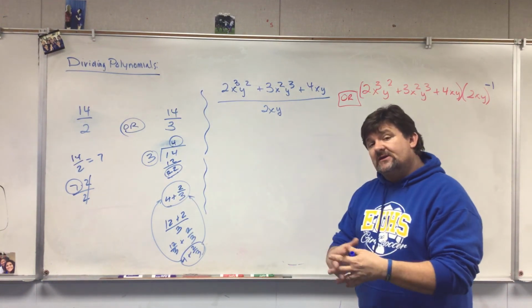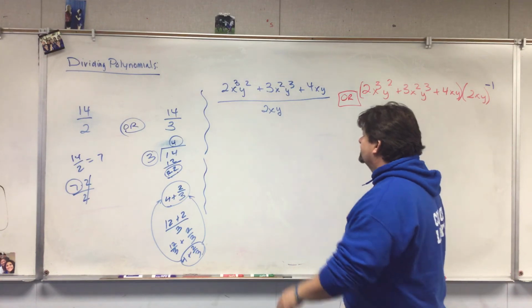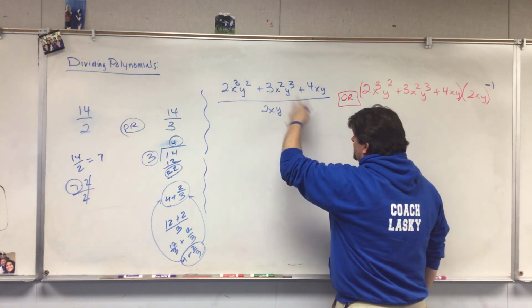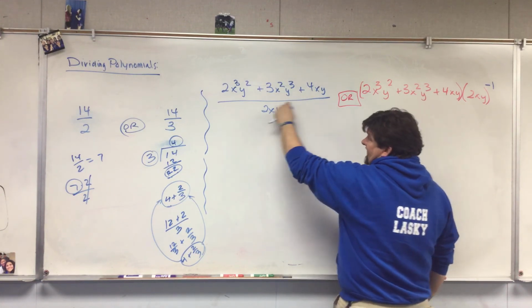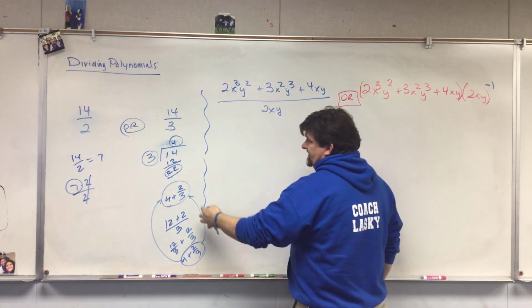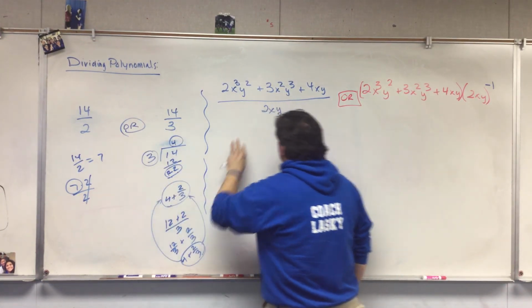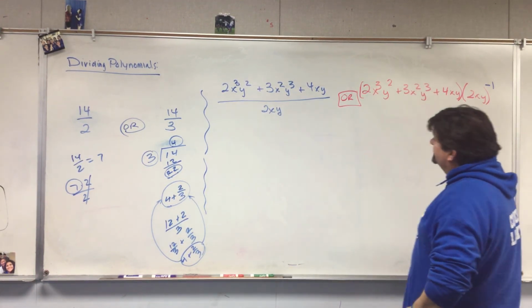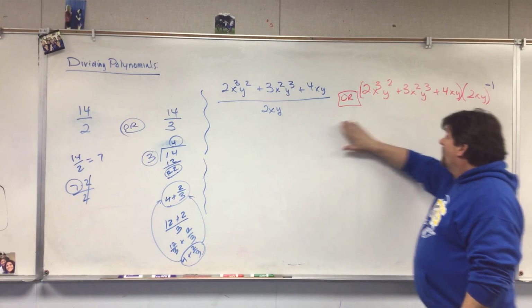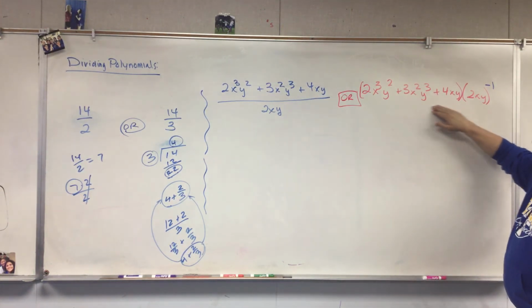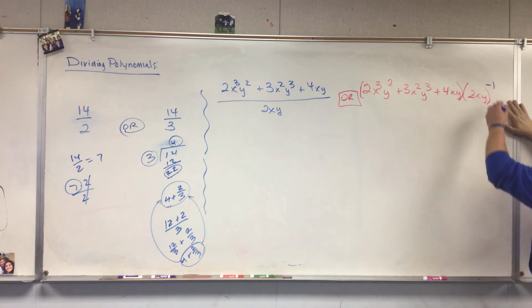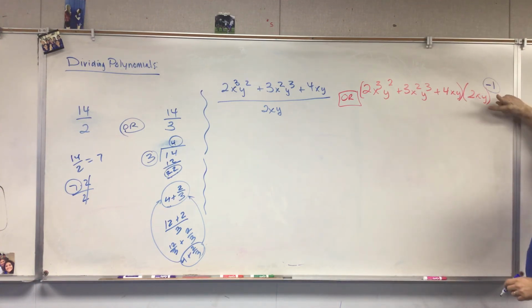Well, now we got to look at division in all those multiple ways. So if we look at this, it's like, holy smokes. This is division. This line right here means division. How do I take this concept here and apply it to this? One thing I want to show you is when you see the same exact thing multiplied by a negative exponent, don't forget that negative exponent means it's reciprocal.